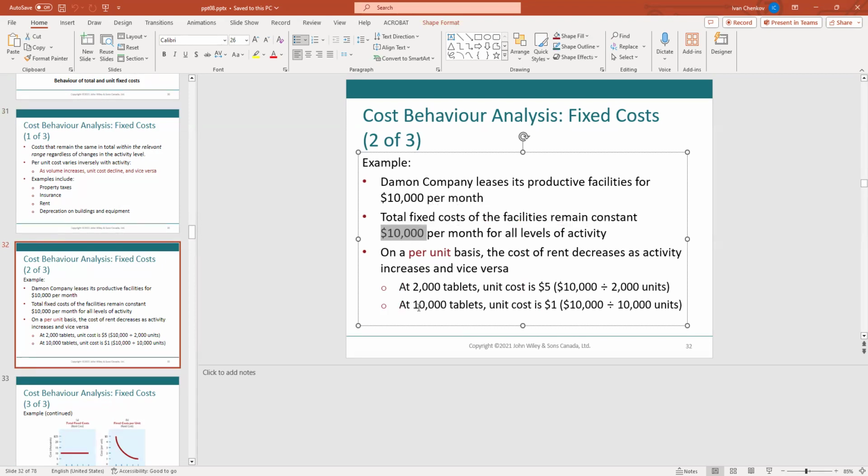But if we produce only 2,000 tablets, the cost per tablet will be $5. Why? Because we're paying $10,000 per month and we're producing 2,000 tablets. But if you increase the production to 10,000 tablets per month, since we're paying $10,000 rent per month, the cost per tablet will be dramatically lower. So the only way to reduce the cost per unit is to increase our production.